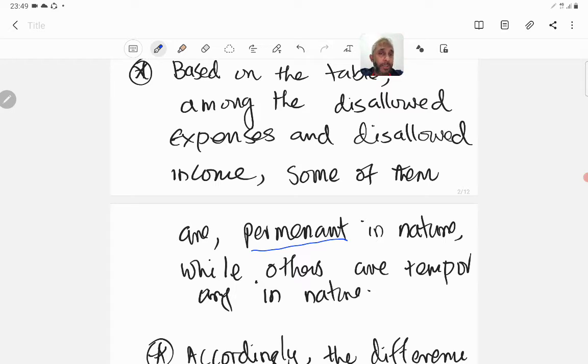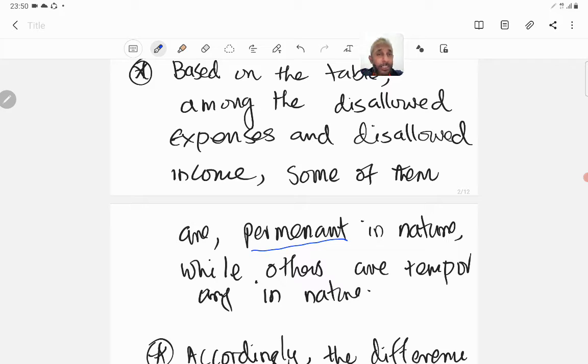If I pick an example, let's say you have a motor vehicle. According to accounting, the lifetime is 5 years, whereas according to tax practice, the lifetime is 4 years. But if you take a complete time period of 5 years, in both cases, accounting or tax, we would have totally utilized the asset.